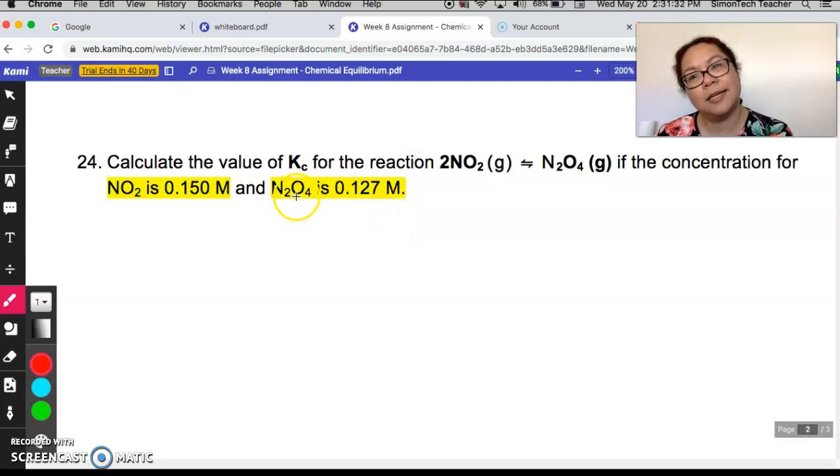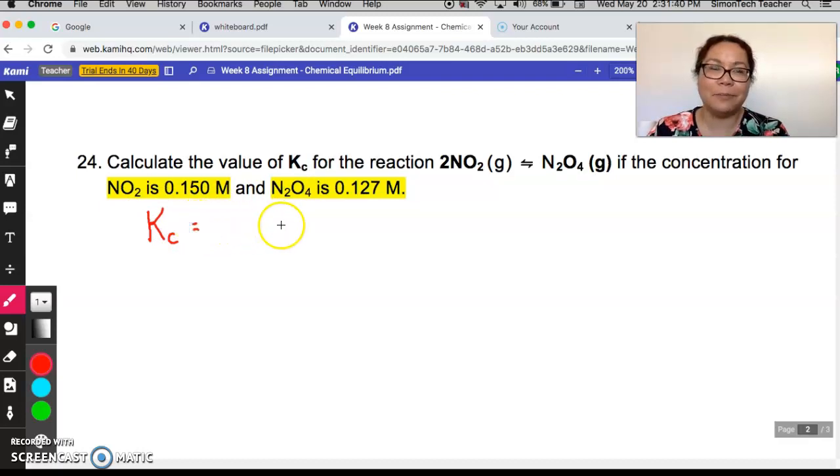Dinitrogen tetraoxide. All right, so let's do the chemical equilibrium equation. Remember the products at the top. This is a gas, so we can use that one.